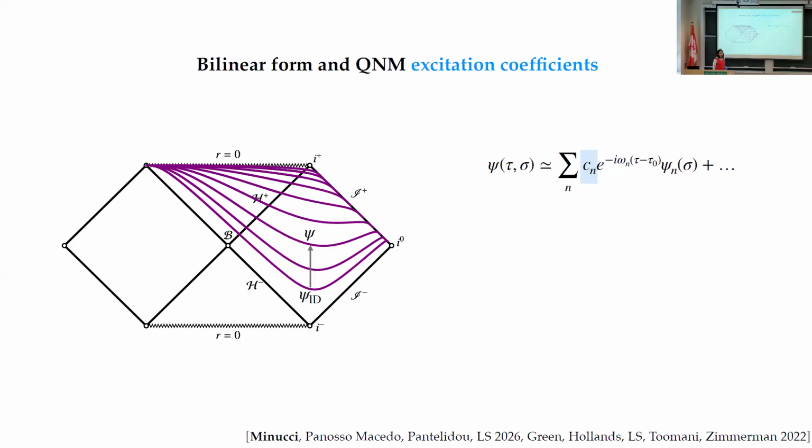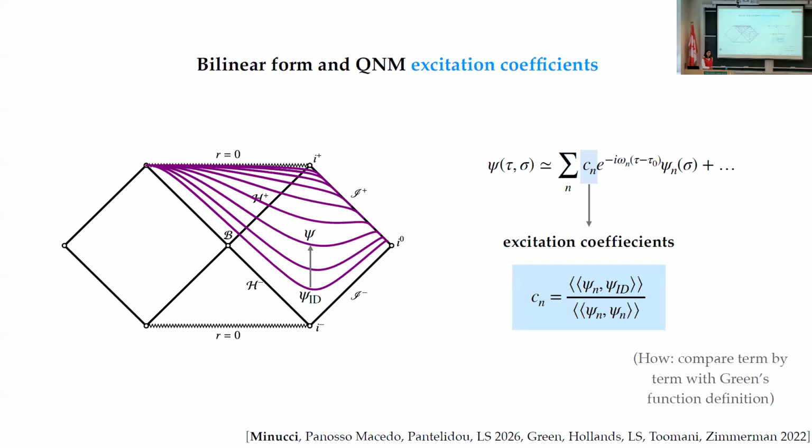But going back to the dynamics, so far, the way to establish how quasi-normal modes are excited is to compute their excitation coefficients. And in Stevens' talk, you saw how these were connected to the bilinear form, and we find exactly the same in the case of hyperboloidal slices.